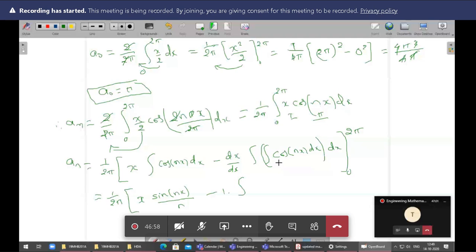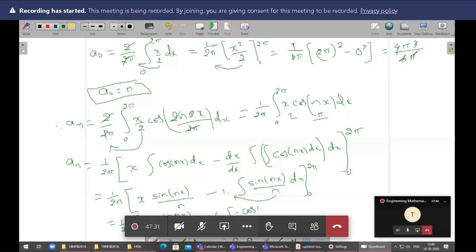Further integrating, 1 by 2 pi into x into sin nx divided by n, minus, what is the integration of sine? Minus 1 by n, you can take the constant outside, integration of sine is minus cos nx divided by n, limits from 0 to 2 pi.